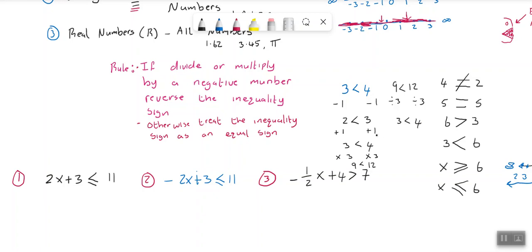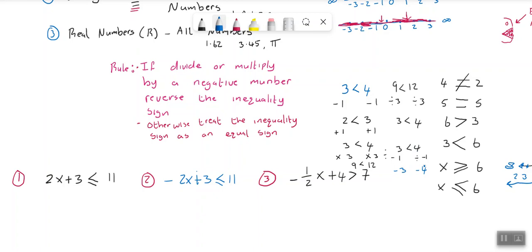Now the only difference is that if I take an inequality, let's say 3 is less than 4, and I divide both sides by a negative number, so let's say I divide this by negative 1 and I divide this by negative 1. So now I'm dividing both sides by negative 1. 3 divided by negative 1 gives me negative 3, and 4 divided by negative 1 gives me negative 4.